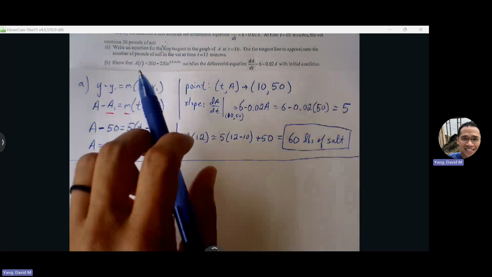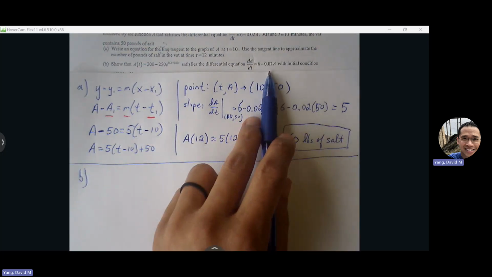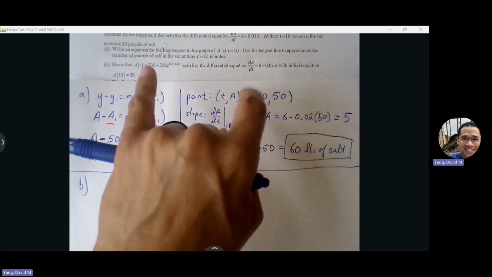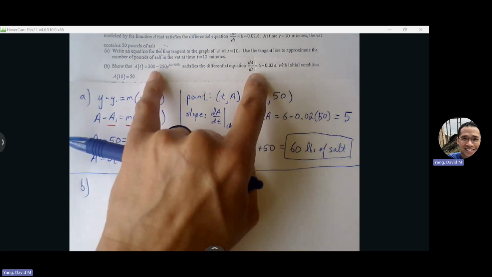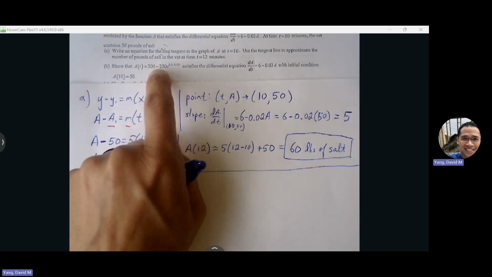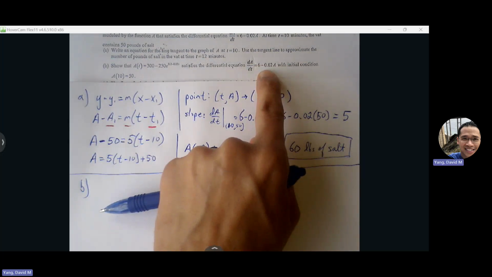Part B showed that A of T satisfies the differential equation dA/dt with initial condition 1050. So we basically have to find that these are the same, or they represent the same thing. So let's just find A prime, and then let's see if we can get our A prime to look like A prime here.